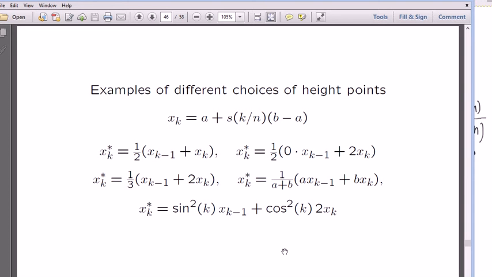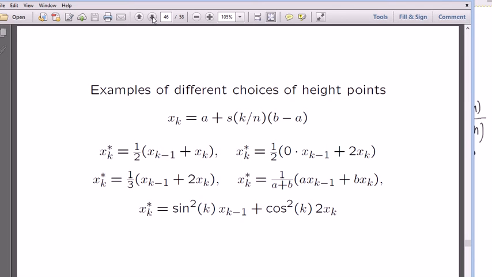Add them together equal 1, right? So these are nice parameterizations of two positive numbers adding to 1. So if you throw in these numbers, for the first interval I use a certain ratio, for the second interval I use a slightly different ratio, for the third interval I use a slightly different ratio. These are consistent throughout all the intervals. Now you can even change that. So these are all different choices of height points, right?